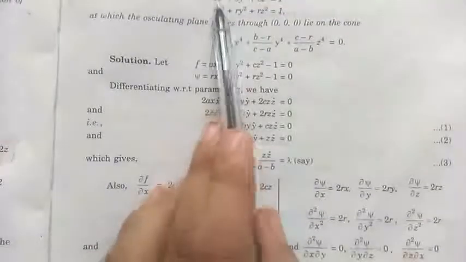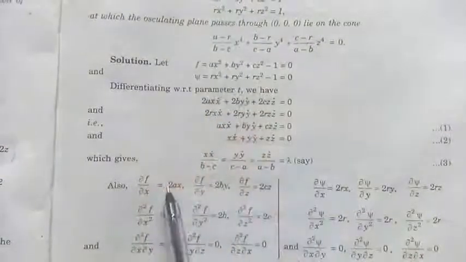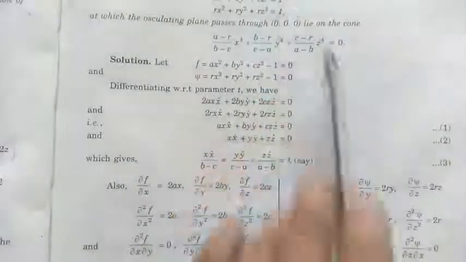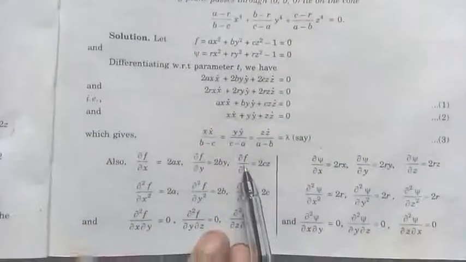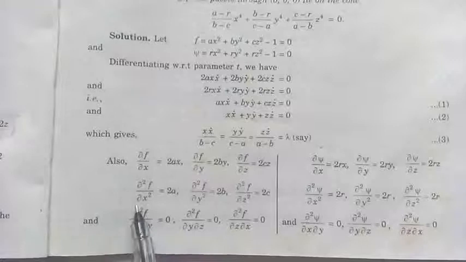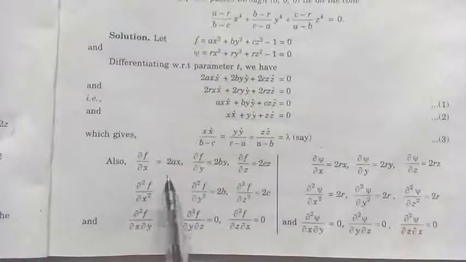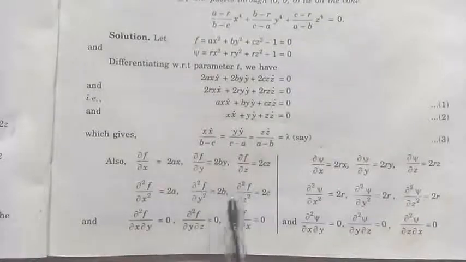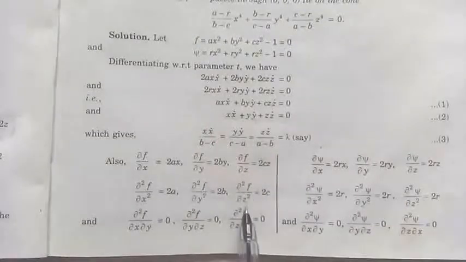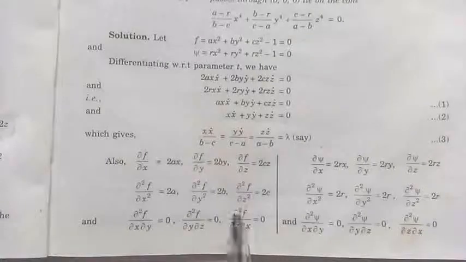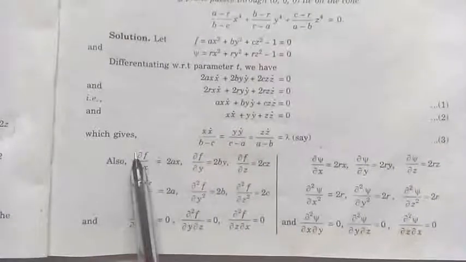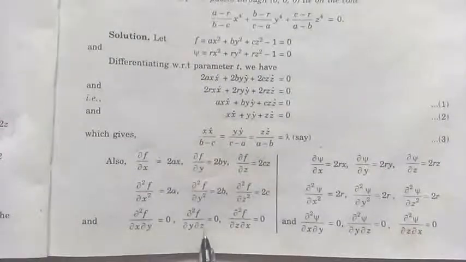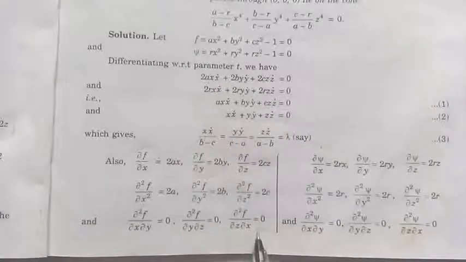Now we can find all the derivatives of first order as well as second order. So from here ∂f/∂x is 2ax, ∂f/∂y is 2by, ∂f/∂z is 2cz. Now again differentiating this with respect to x, the derivative of x is 1, so we get 2a, the derivative of y is 1, so this derivative is 2b, the derivative of z is 1, so the second derivative is 2c. Now differentiating this with respect to y, that is 0, differentiating this with respect to z, that is also 0, differentiating this with respect to x, that is also 0.